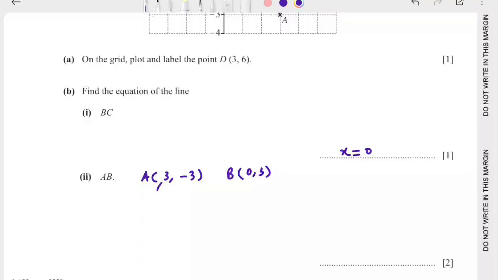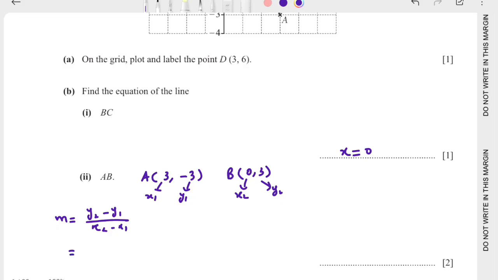So label them x1, y1, x2, y2. First of all, find the gradient, that is y2 minus y1 over x2 minus x1.